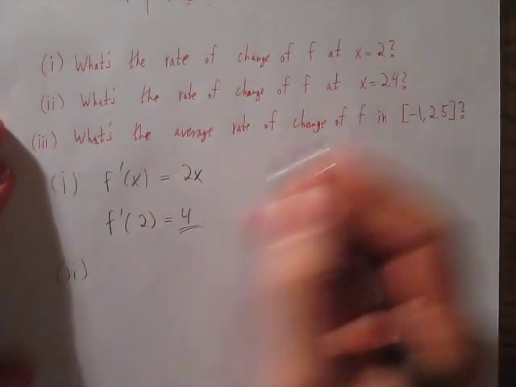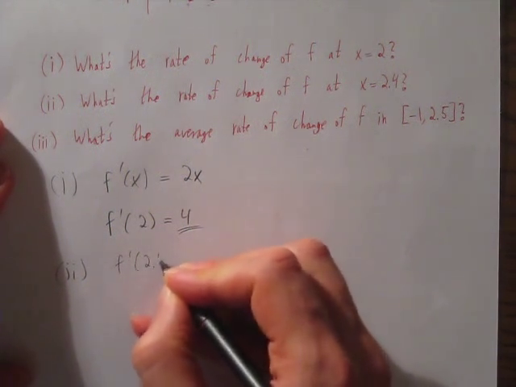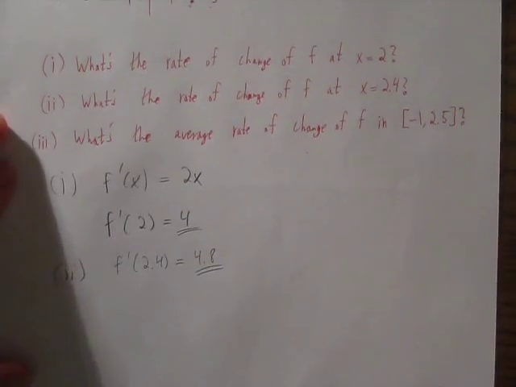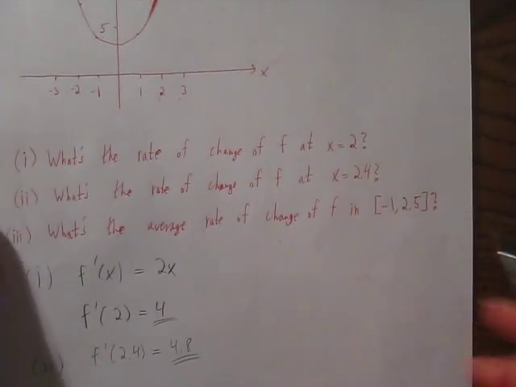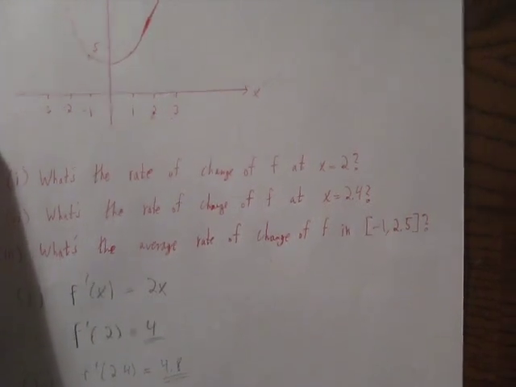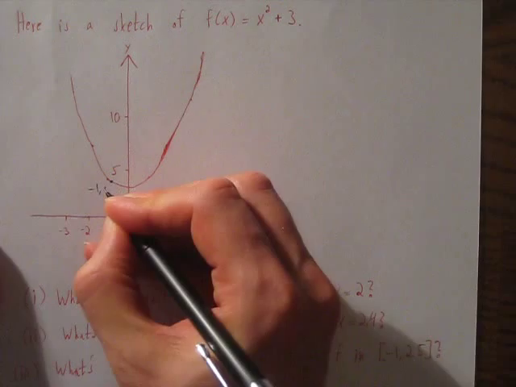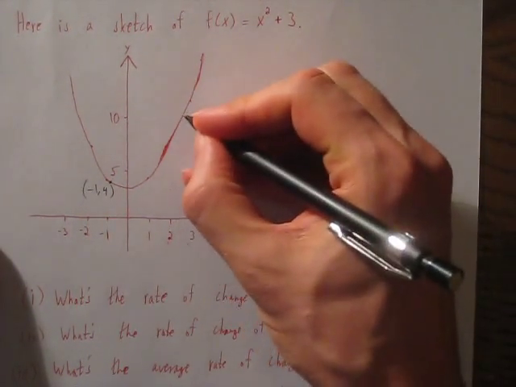But note the two-step process. Same story with 2.4, so you just evaluate the derivative at 2.4. The third part is about average rate of change in an interval. So we start here at -1, 4, and you end up where x is 2.5, so here.